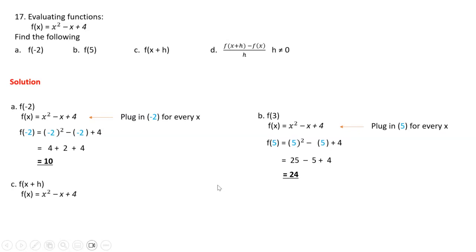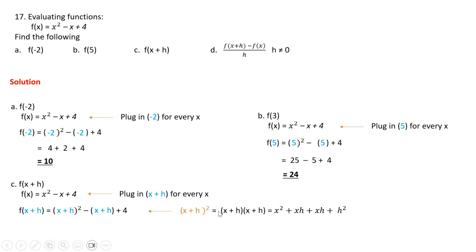Now let's find f of x plus h. We repeat the process, but instead of plugging in numbers like negative 2, we're going to plug in the whole thing, x plus h, for every x. We plug in x plus h and x plus h. Now here we have to simplify it. So x plus h squared gives us the same thing as x plus h times x plus h.